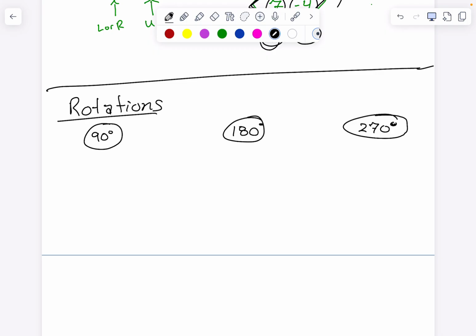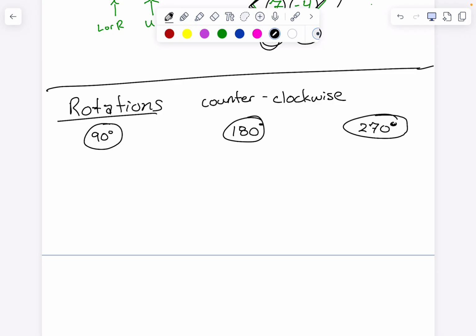When you're rotating something 90, 180, 270, which direction are you rotating him? Do you remember? Counterclockwise. You are always going counterclockwise. Do you know why?